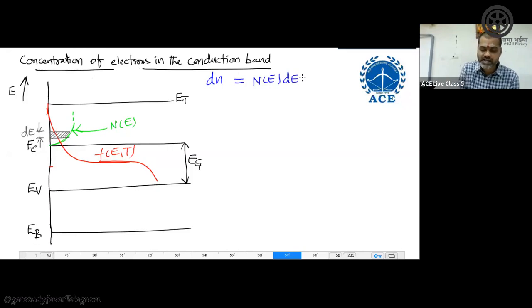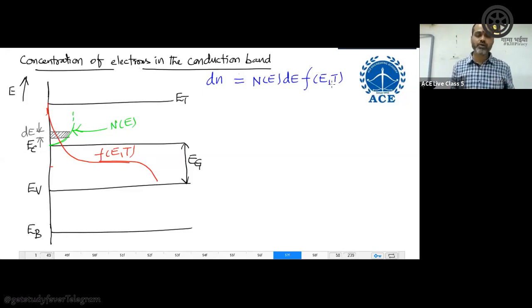Please try to concentrate again. N of E dE is the number of states that are going to be available within an energy interval dE. But dn is nothing but the number of electrons, meaning occupied states. So you just multiply with the probability. What is that? F of E comma T. Am I clear? Yes. Okay.